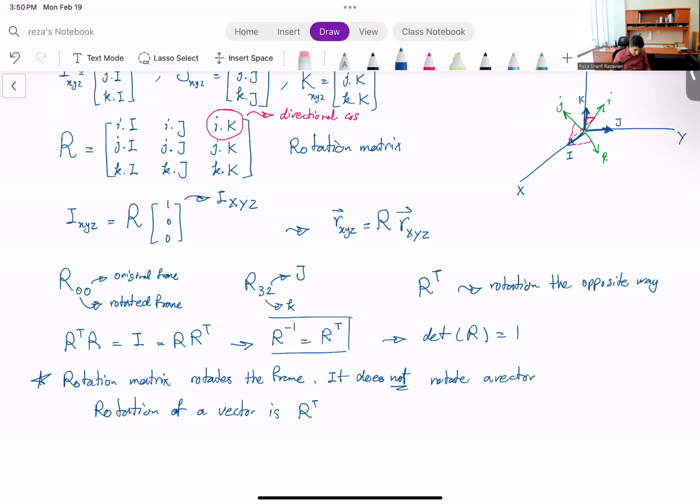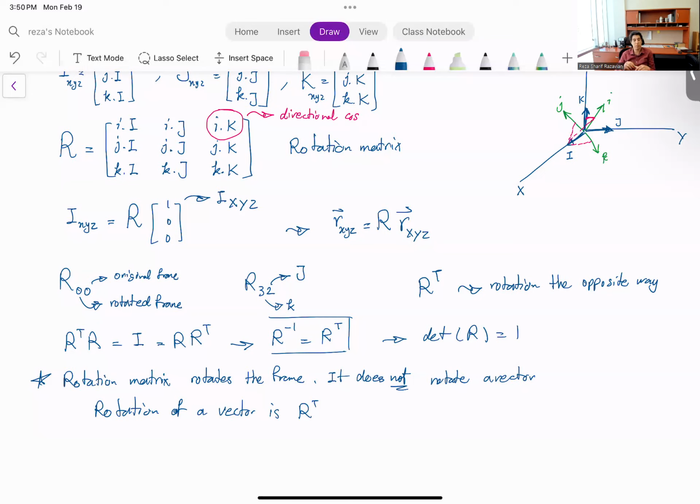So all right, that is, I think, all I have here. We covered that. So that is the definition of rotation matrix.